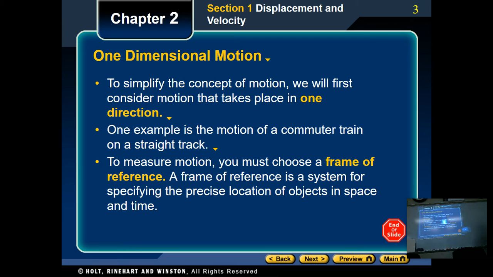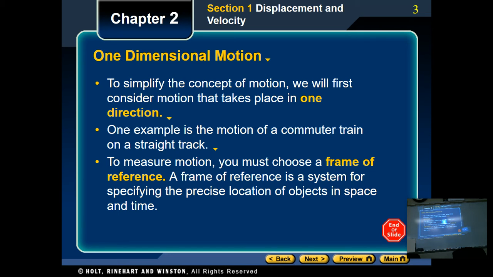So in order to measure motion, we often have to use a frame of reference, okay? What's a frame of reference? Who can give me an example of frame of reference? Latitude and longitude. Okay.